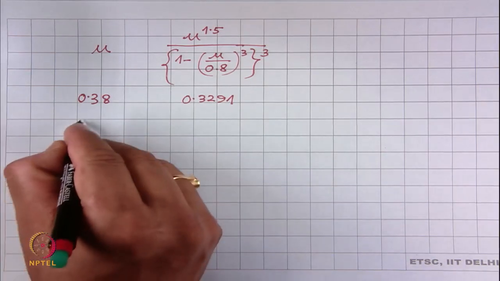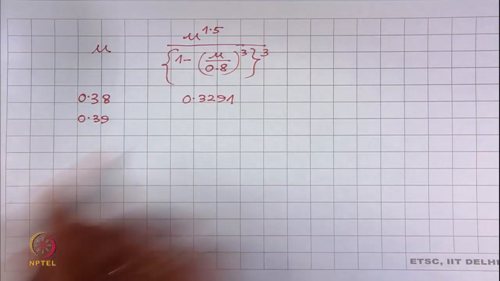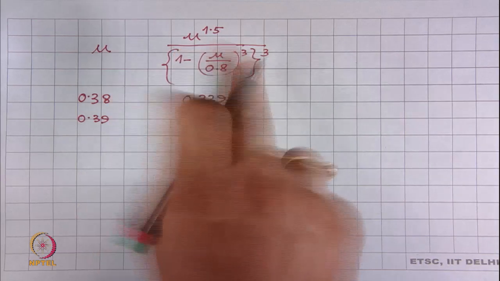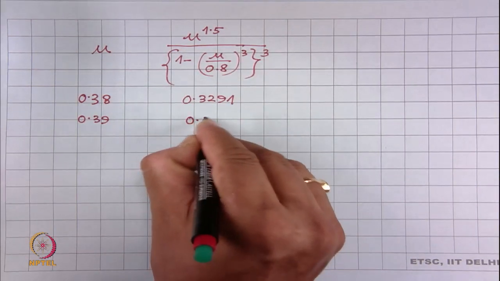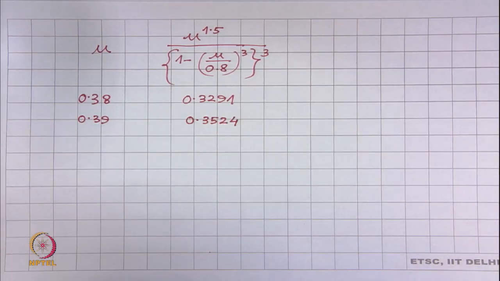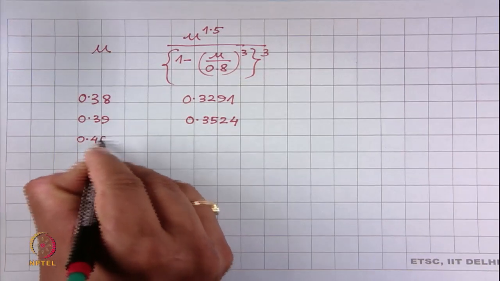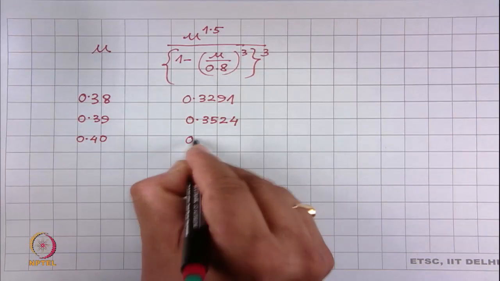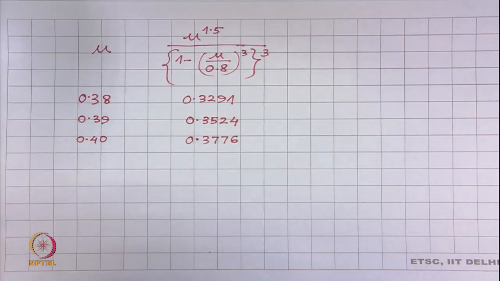Then you try 0.39. You substitute 0.39 here and here, and the value obtained is 0.3524. Is that the value? No. Then 0.40. What will be the value? 0.3776.